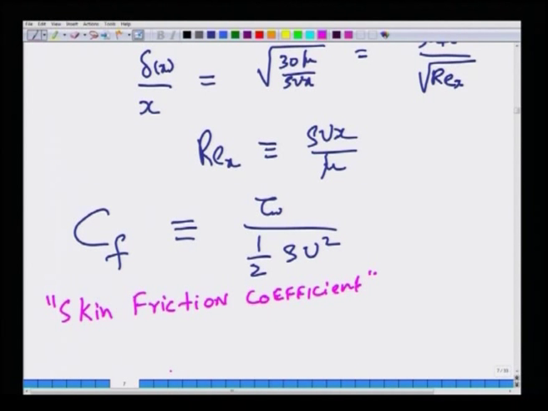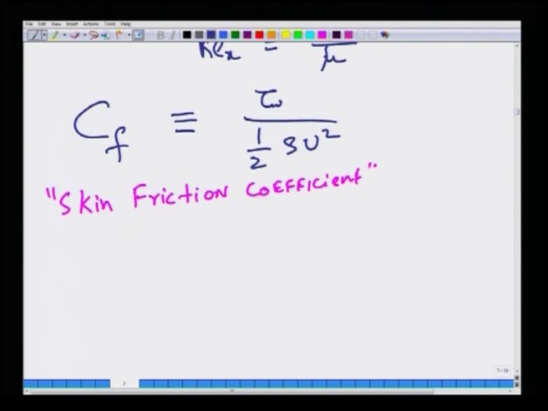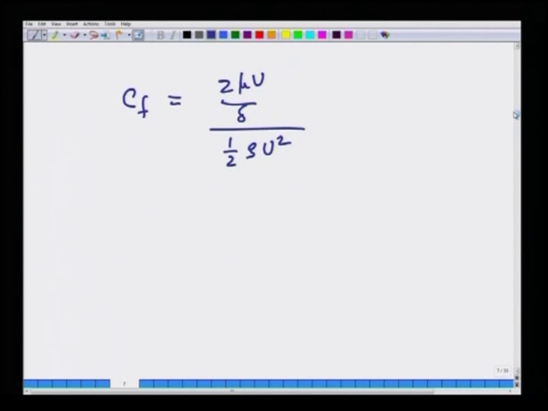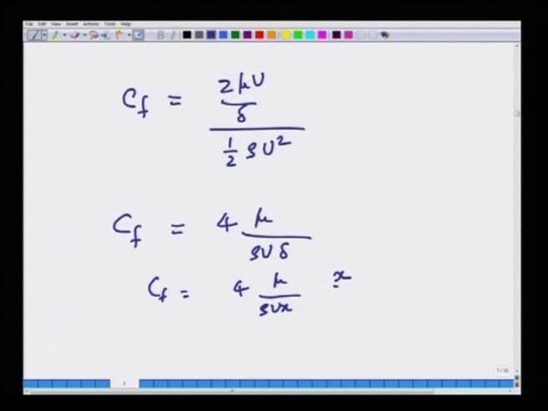So this is nothing but, now I know what is tau w, which is 2 mu u by delta divided by half rho u squared. So Cf is nothing but, after substituting delta, 4 mu by rho u x times x by delta.